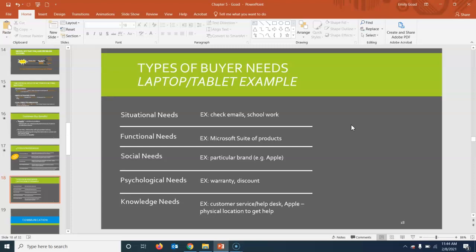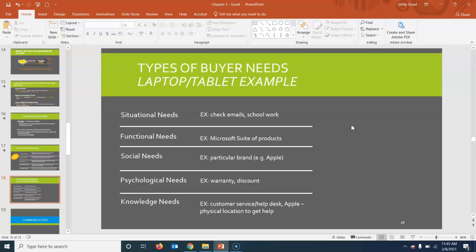A social need has to do with wanting to be affiliated with a certain group of people. So for example, if you want to be affiliated with people that love Apple products, then you would buy an Apple MacBook as opposed to a PC.